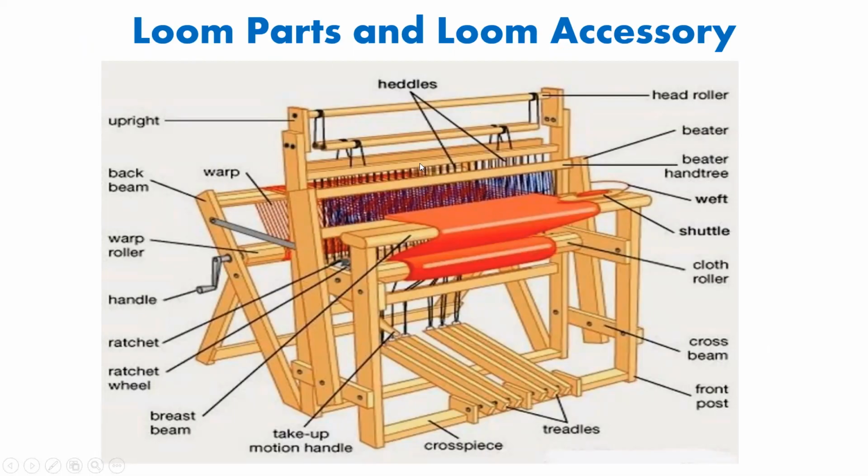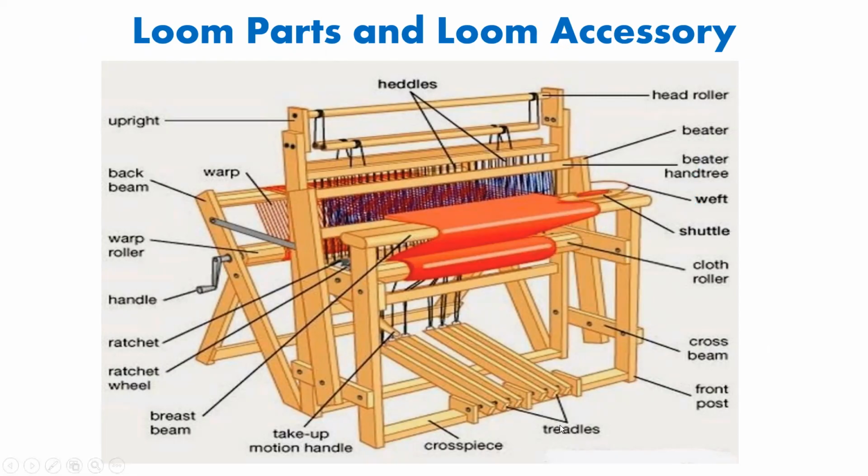So this is the loom. These parts here you see, the upright spool, the handles, the head roller, they are all loom parts. Then the shuttle is an accessory. It doesn't form part of the loom, but without the shuttle, you cannot do any proper weaving.